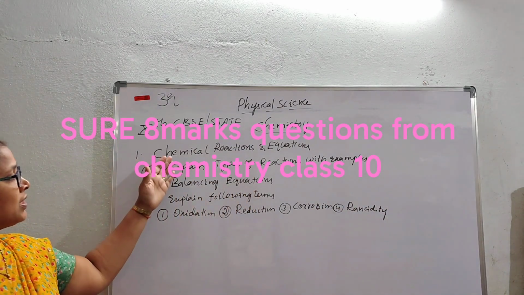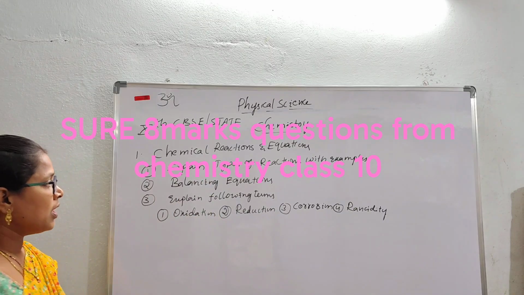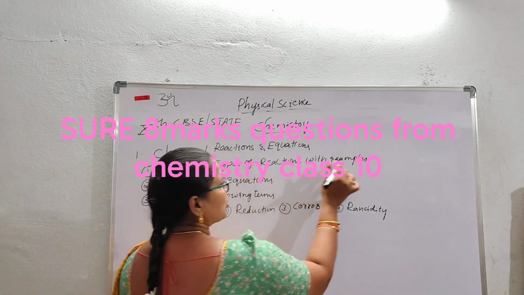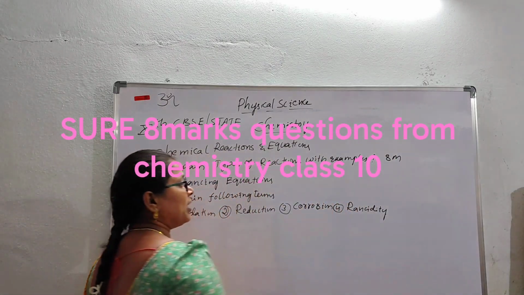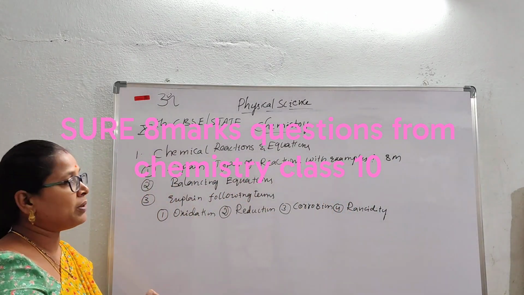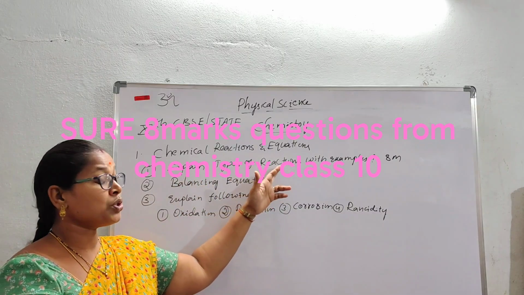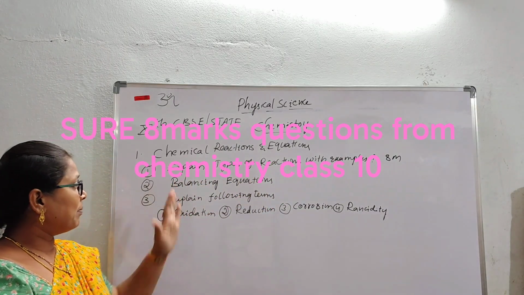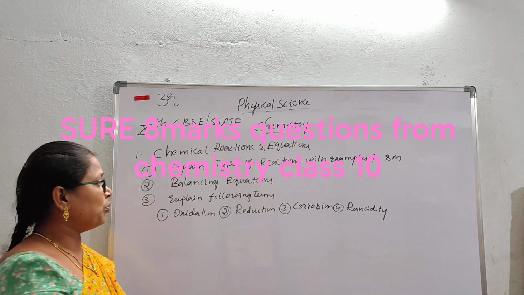So from the first lesson, chemical reactions and equations, these are the expected 8-mark questions. One is explain the types of reaction with examples: combination, decomposition, displacement, double displacement, oxidation, reduction. Second, balancing equations: they give 4 unbalanced equations that we need to balance.